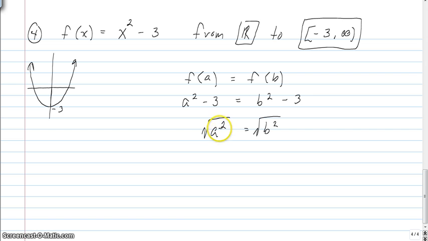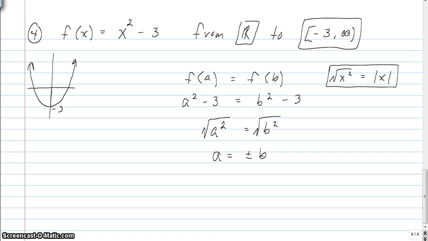But remember, when you take the square root of something squared, you end up with an absolute value. A lot of people forget that. The square root of x squared equals the absolute value of x. And this fact gives you two equations. You end up with a plus or minus. You might remember doing that from algebra. So you would actually end up with something that looks like this: a equals plus or minus b.